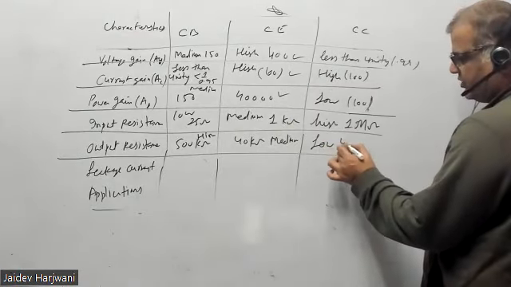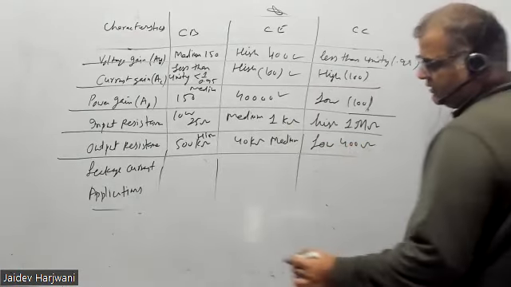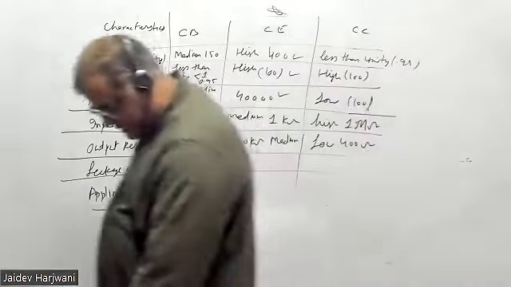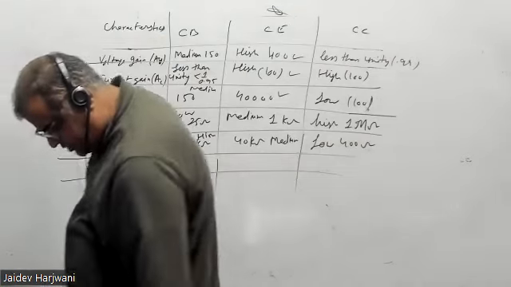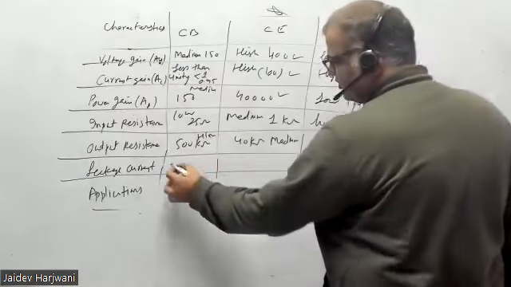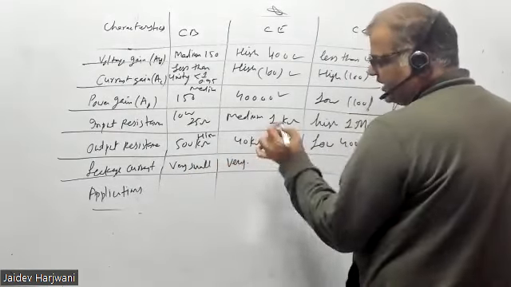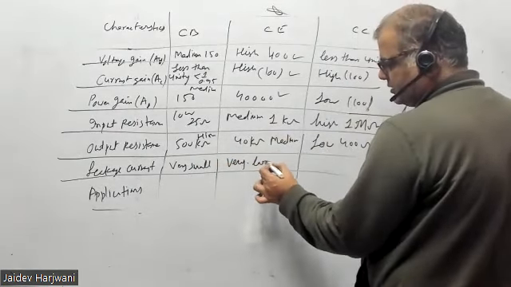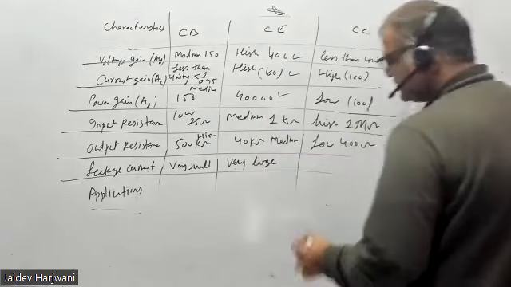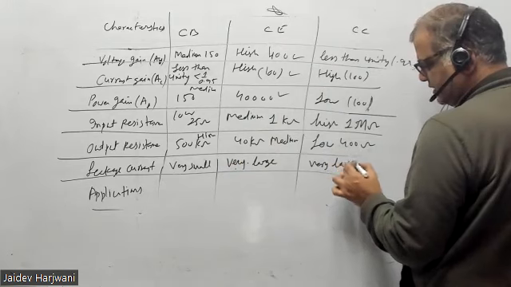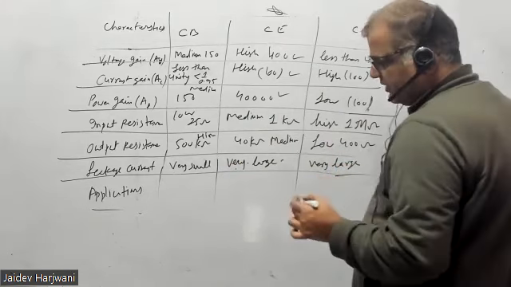Here is low, 400 ohms. Leakage current is very small here, and very large here. This is the only disadvantage of this common emitter configuration. Here also very large, and this we have to deal with in biasing.